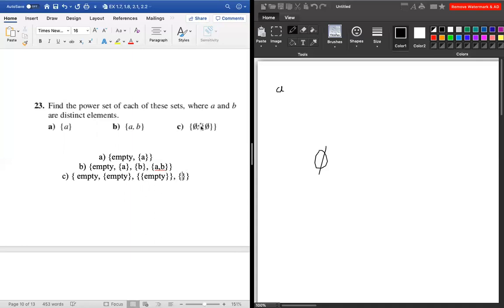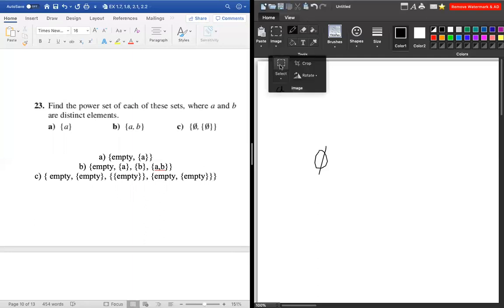Then we have this set itself. Okay, so maybe I can write this one here. So the first element is this set itself, empty set, right? Because the empty set is the subset for every set. And then we write this one here, this set over here.